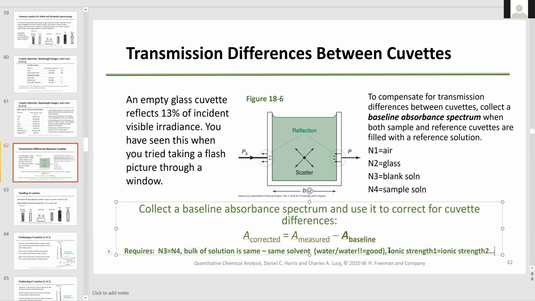The question is, does a sugar solution absorb visible light? No. It does not, right? But does a sugar solution have a refractive index that's different than water? Yes, absolutely it does. You know how you can tell that is when you stir the sugar into water, you can see Schlieren lines. Schlieren lines are not really lines.